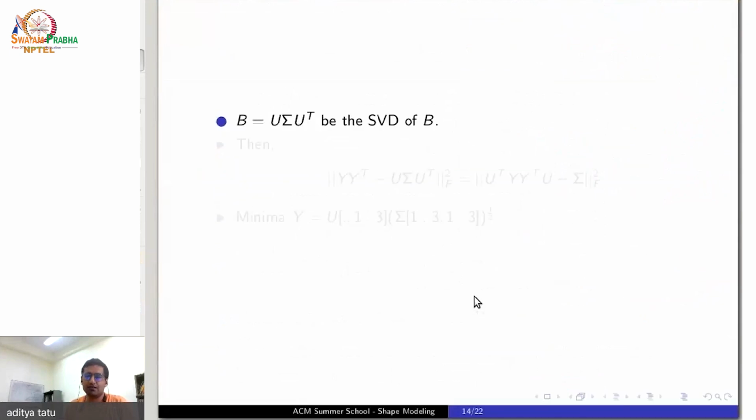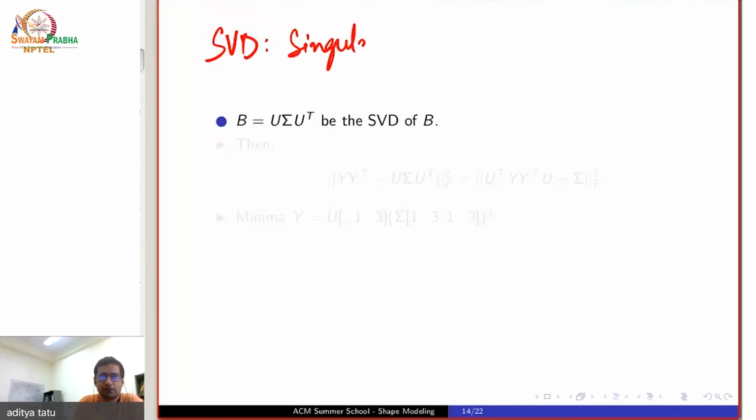So, SVD, have you heard of SVD? Everyone? Singular value decomposition. Okay, so I hope all of you know what this is.